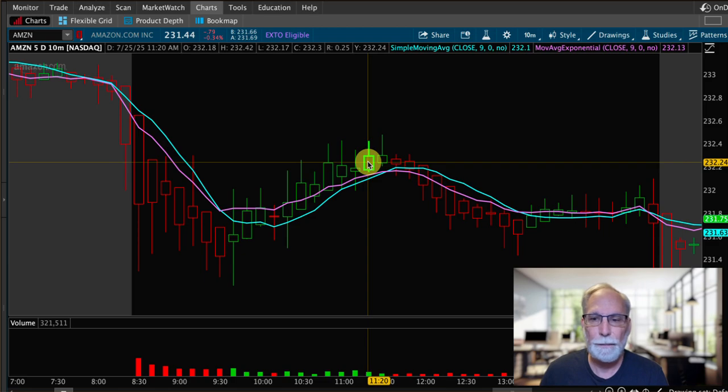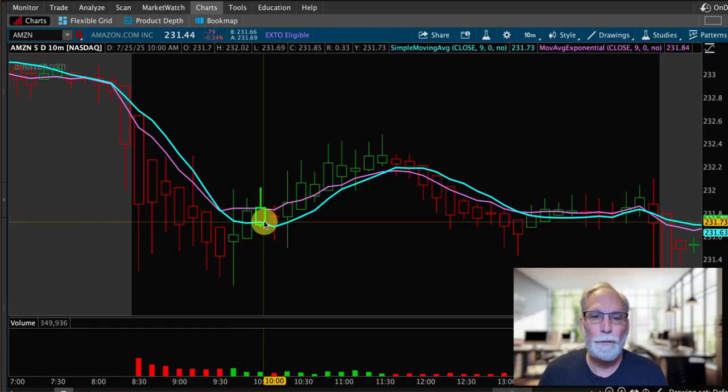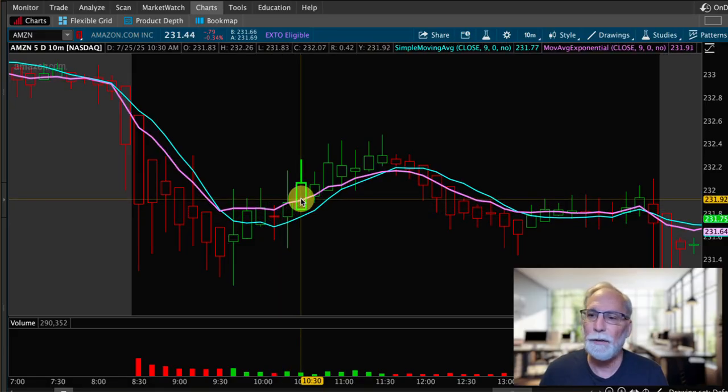$232.24. But the EMA line, the blue line, which again is factoring in prices most recent, the first full candle above that is here, 231.92 or so. Let's just say here, 231.85.